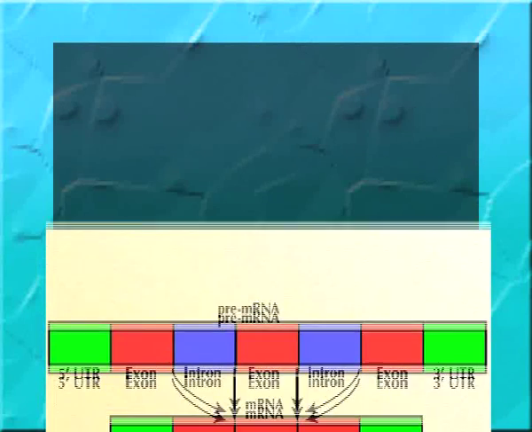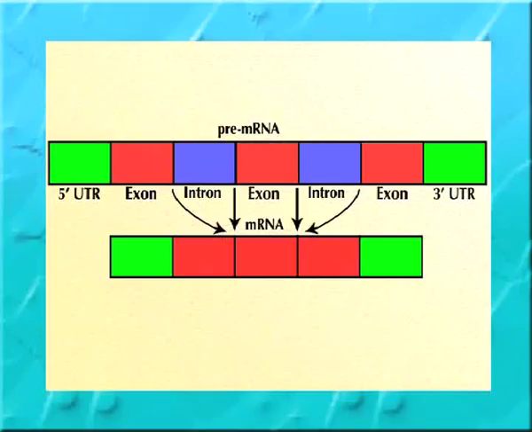The number and length of the introns varies from species to species and they alternate with exons. The introns can form up to 75% or more of a gene.